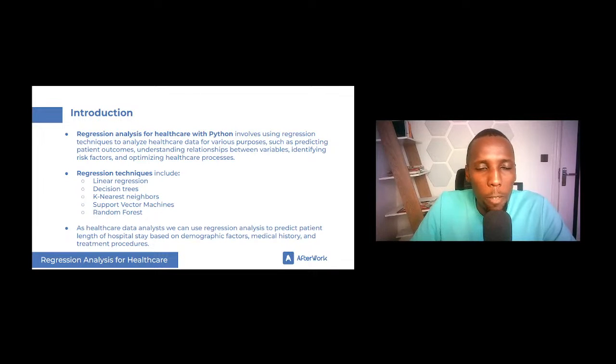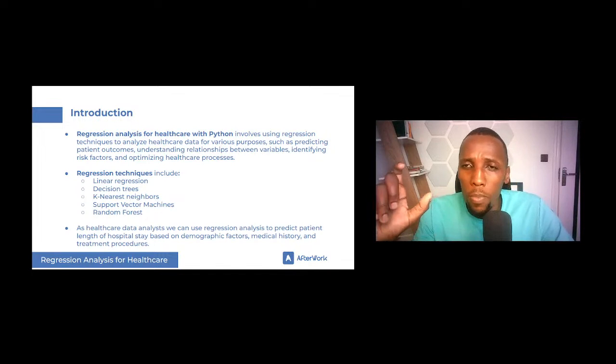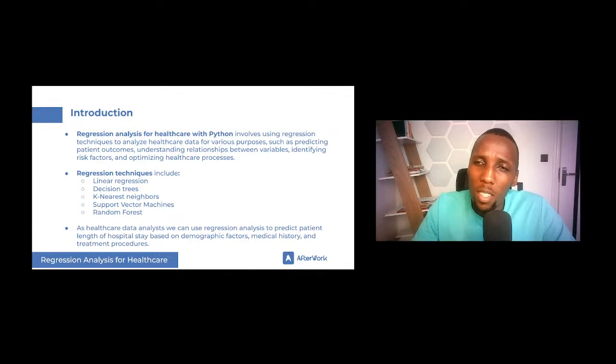Something to note also when it comes to regression analysis, as mentioned, it's a process that involves creation of a machine learning model. You can just call it a model, but we normally call it a machine learning model. It's that process where we create that model to predict a target variable, to predict a dependent variable.